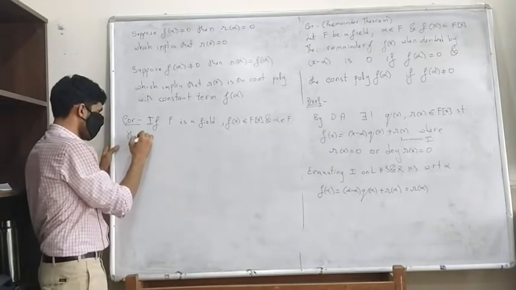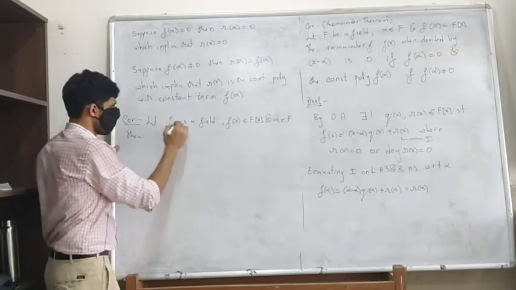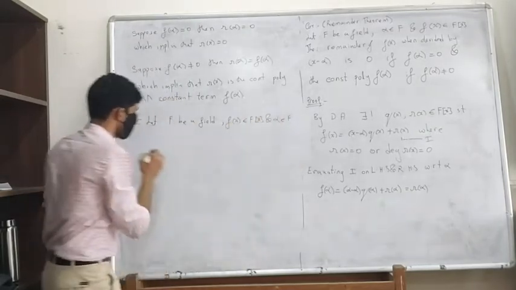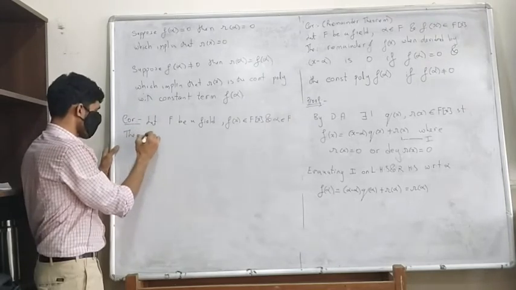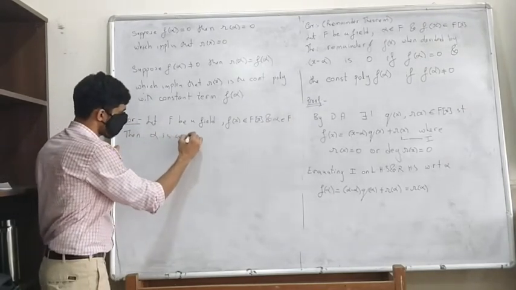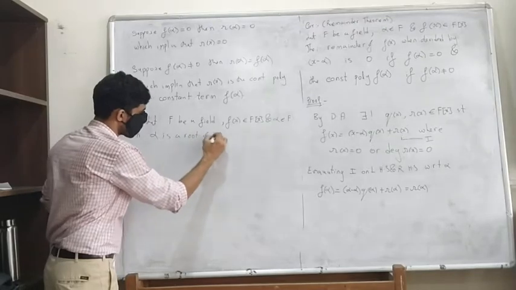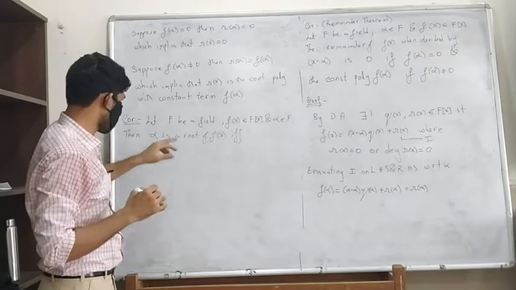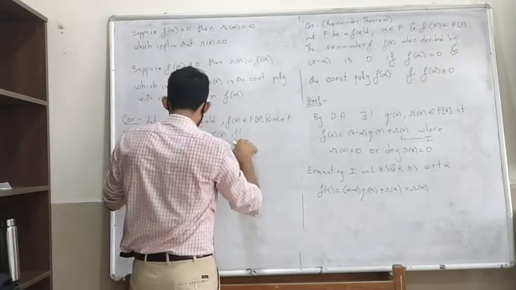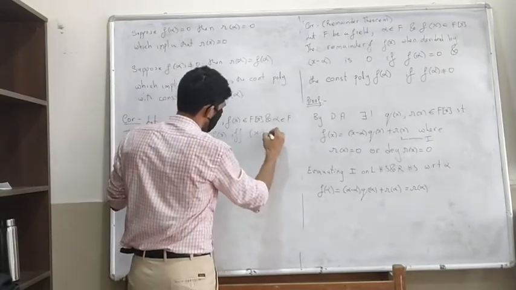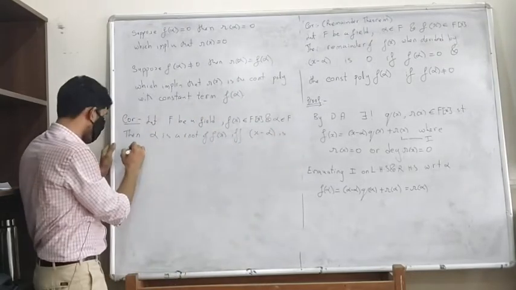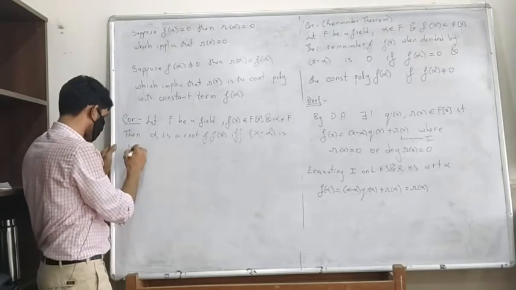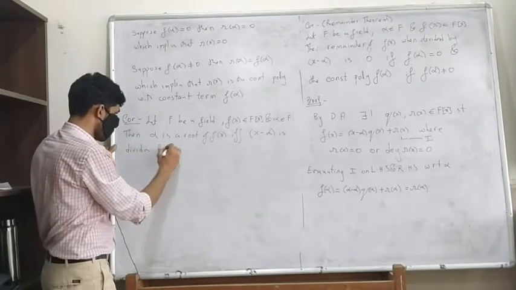Okay, so alpha is a root of f of x if and only if, I want to relate the root to the factor, if and only if x minus alpha is a factor, or x minus alpha divides f of x.